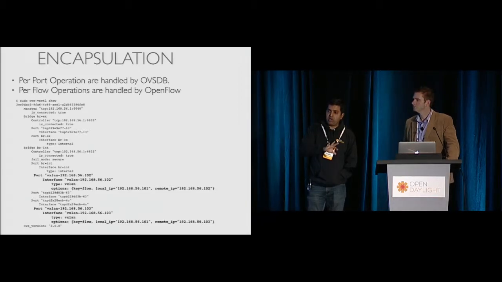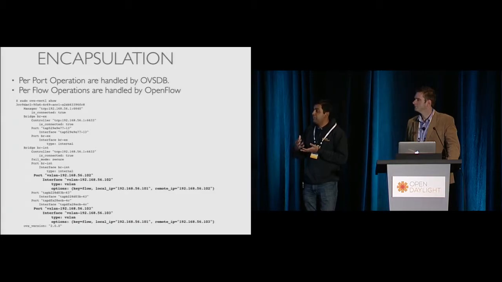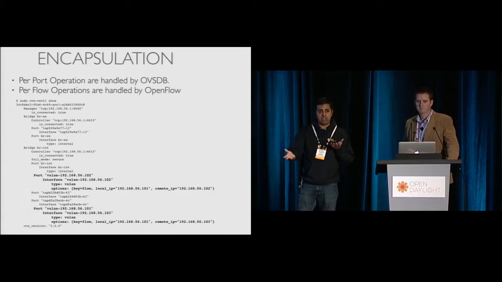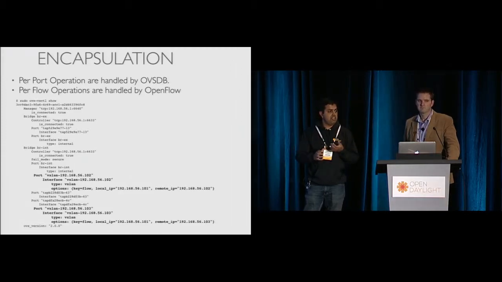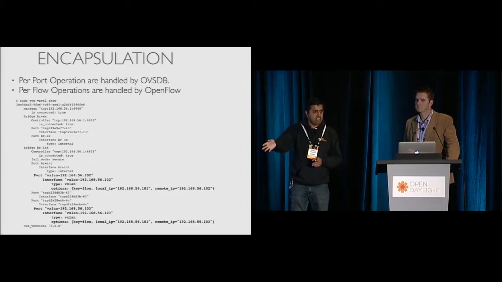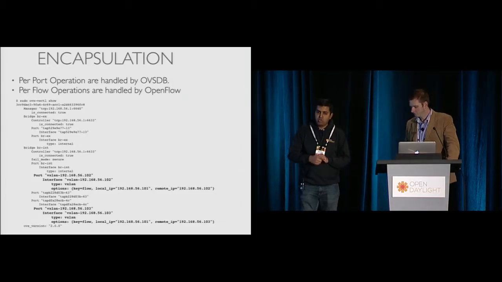The other coin is OpenFlow. That's why OVSDB and OpenFlow go hand in hand, and why it's very important for us to understand the feature set of OpenFlow on the OVSDB side to see what goes really well together. Even in the OVSDB Neutron implementation that we did recently for the Hydrogen release, you'll see two different implementations.